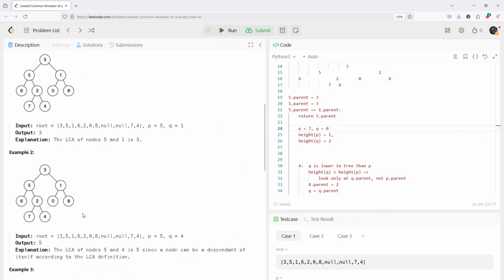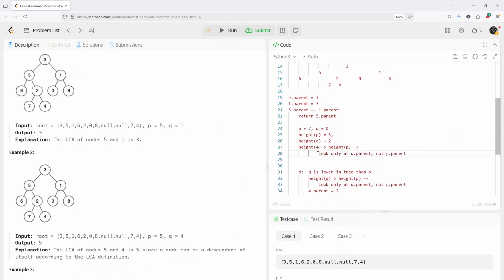So 7 is going to have height 1, 2, 3. And then q is going to have 1, 2. So 2. So then looking at this, height of p is greater than height of q. So only look at p dot parent, not q dot parent.